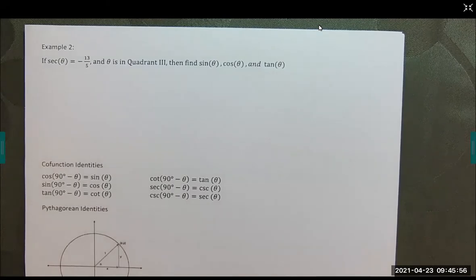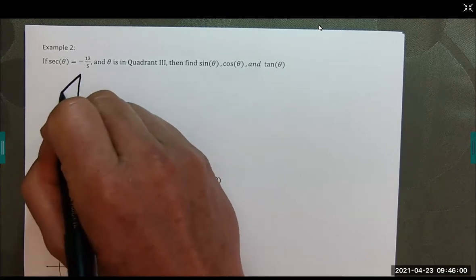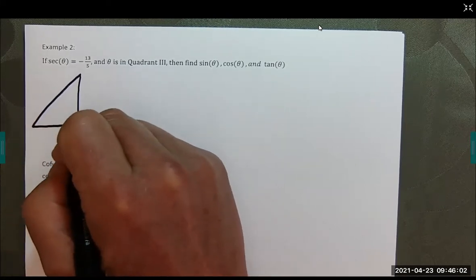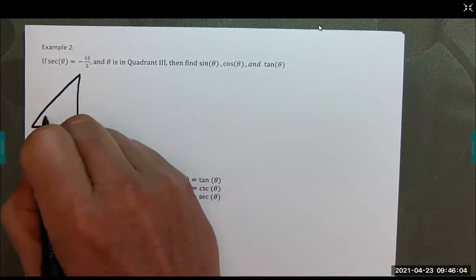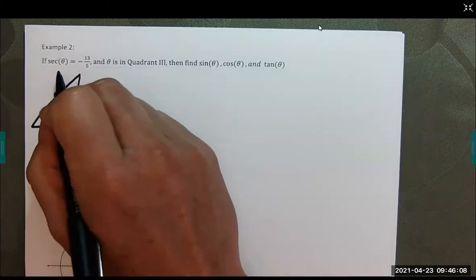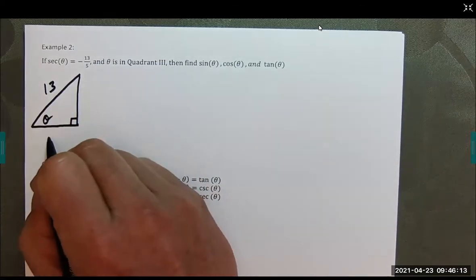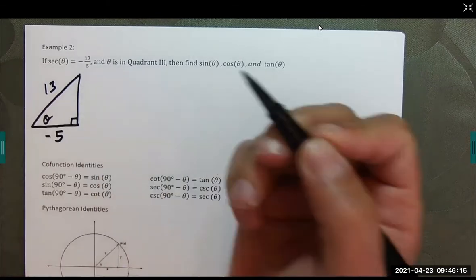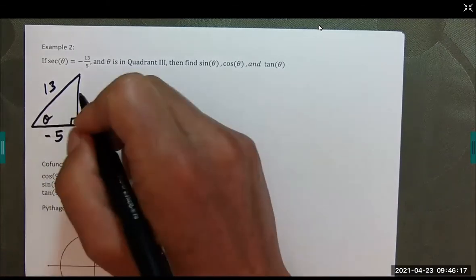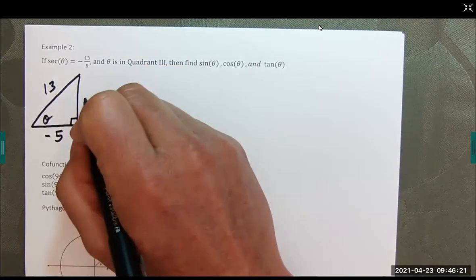And what we're going to end up with is we're going to have to find a missing side here. Now, I know this triangle doesn't correspond directly to the quadrant that we're in. However, secant is the hypotenuse, which in this case is 13, over the adjacent, which in this case is -5. Now, I want to find that missing side, so I'm going to use the Pythagorean theorem.